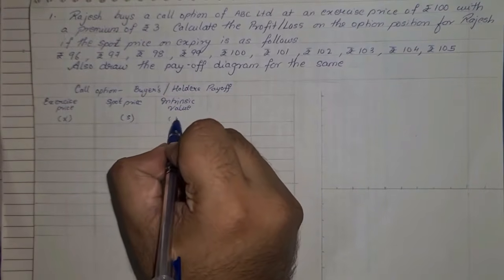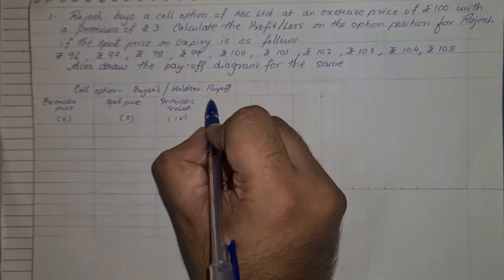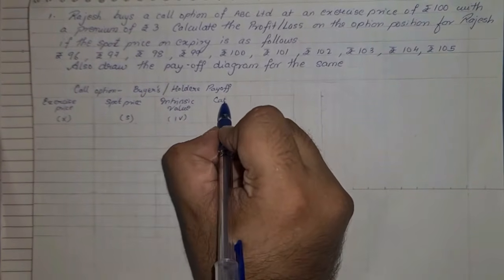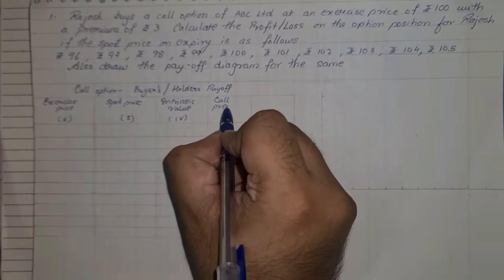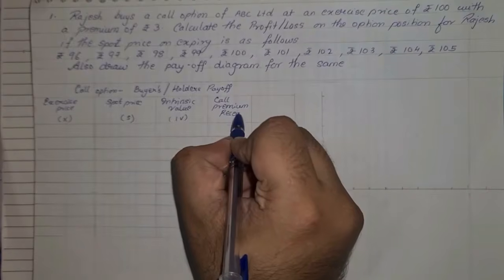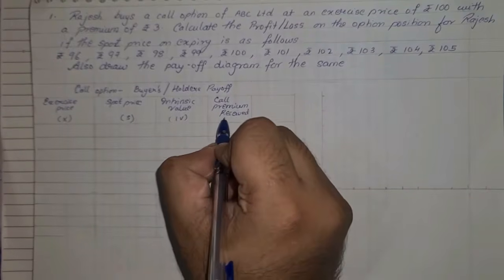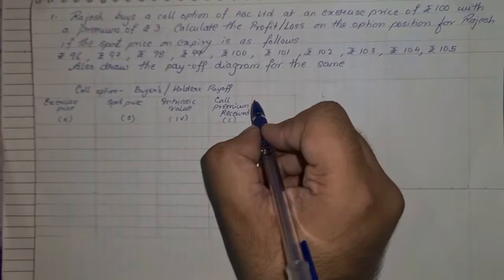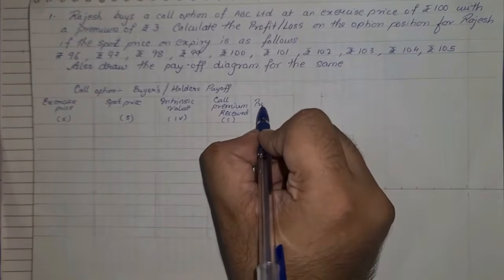We write it as IV. The fourth will be call premium received. We'll abbreviate it with C. And the last column will be our profit or loss.